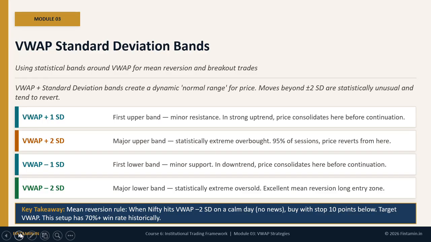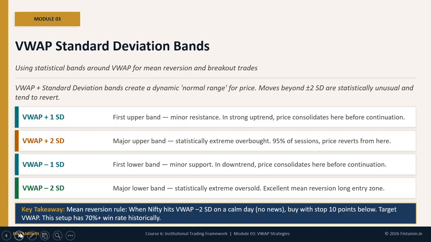Rule: only trade VWAP SD mean reversion on low volatility days when India VIX is below 50. On high volatility days like budget, RBI, major news, 3 and 4 SD moves are possible. Mean reversion strategies fail on extreme volatility days.